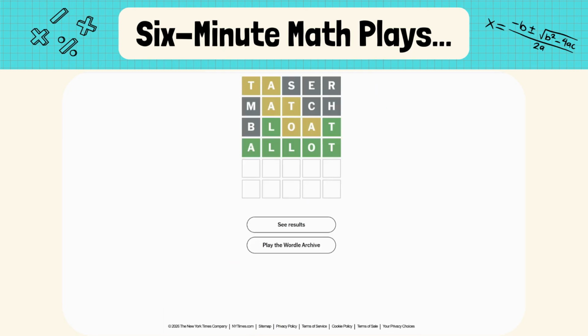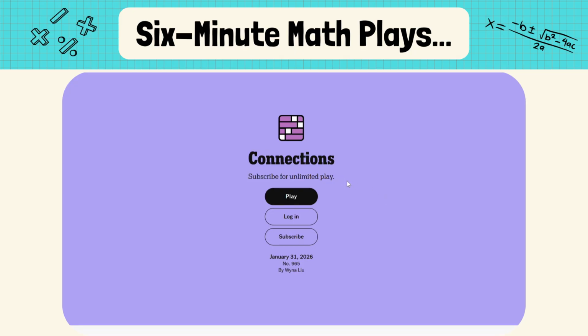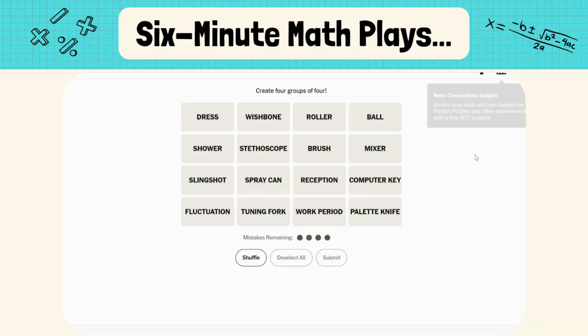Excellent. Okay, now lastly on to our connections. So we have dress, wishbone, roller, ball, shower, stethoscope, brush, mixer, slingshot, spray can, reception, computer key, fluctuation, tuning fork, work period, palette knife. So I'm looking here, and things with a doctor's office.